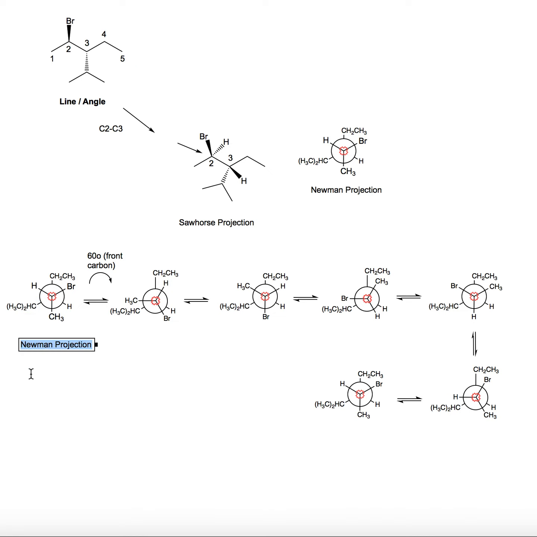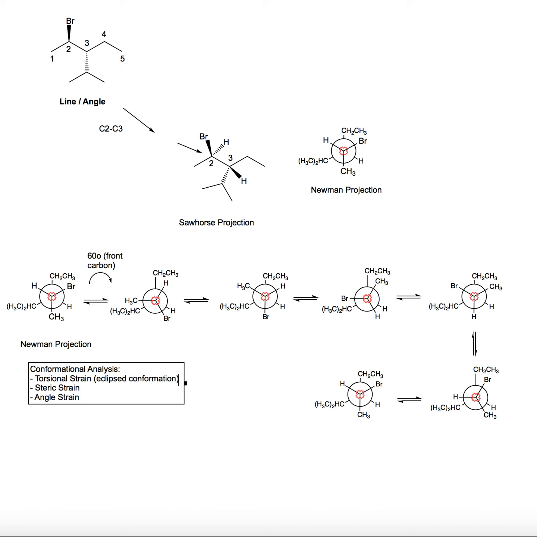So if we're going to do a conformational analysis, remember the factors to take into account are torsional strain, steric strain, and angle strain. Torsional strain is basically present in every eclipsed conformation.